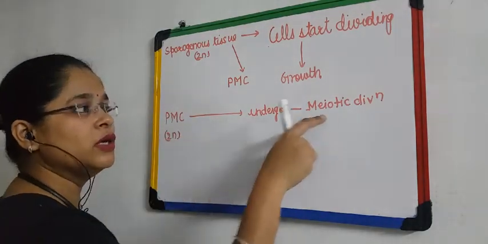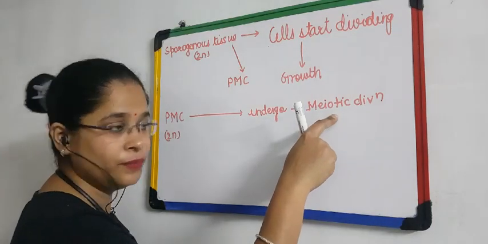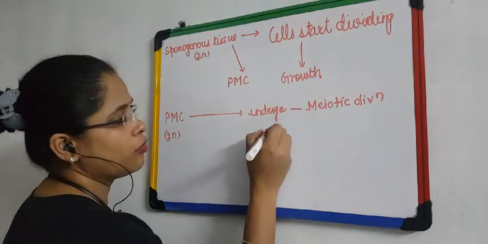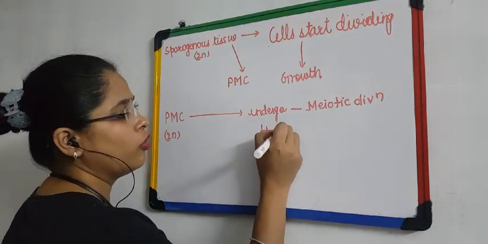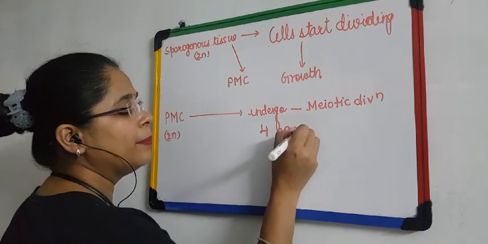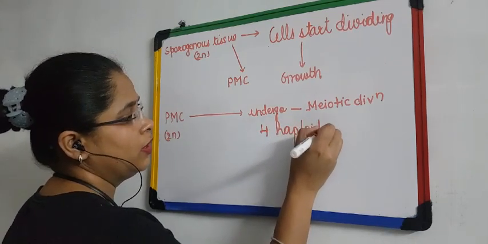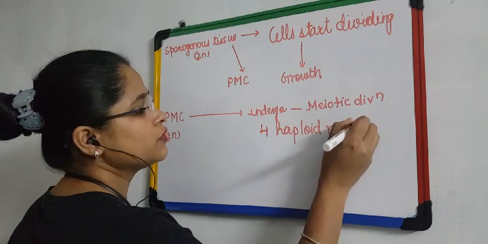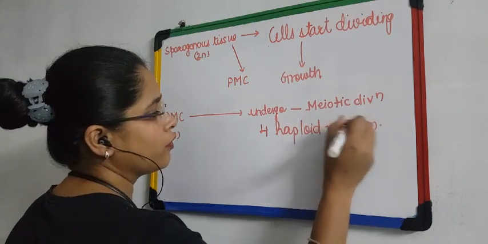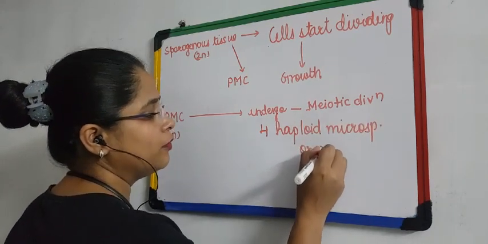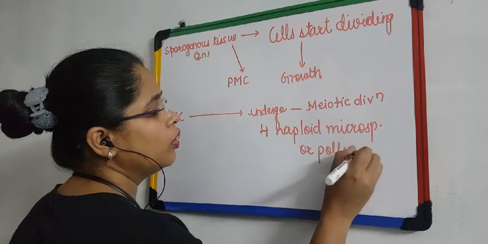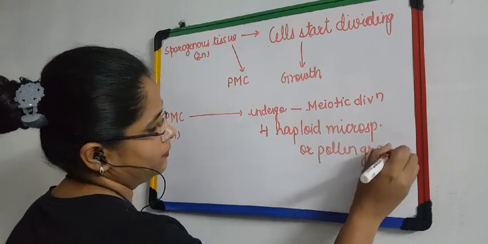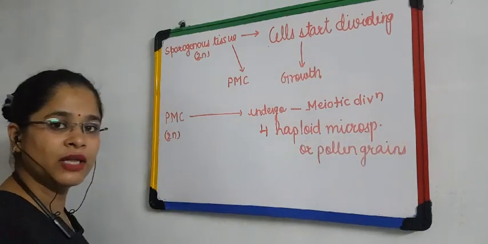When PMC undergoes meiotic division, it results in the formation of 4 haploid microspores or 4 haploid pollen grains finally. Am I clear with that?